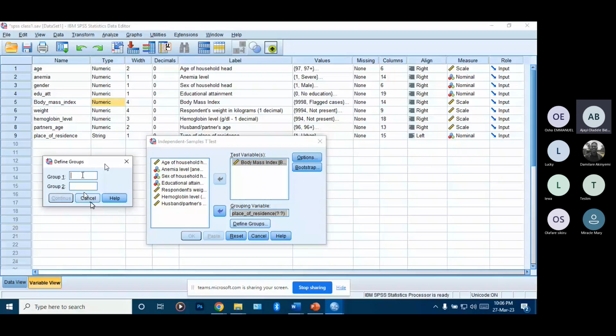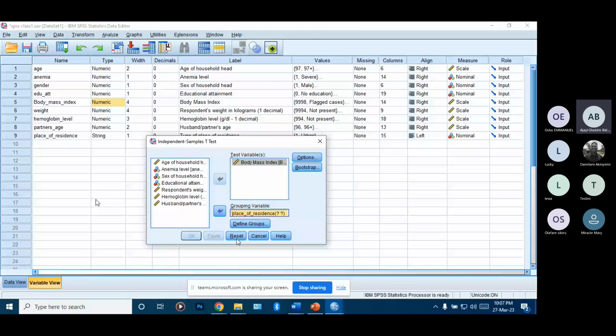But one thing we have to be careful of is that if I used capital letters to define my values in my data set, I must use capital letters in my groups, else it will not run, right? So now, let's check how we defined our place of residence so that we know how to define our groups.